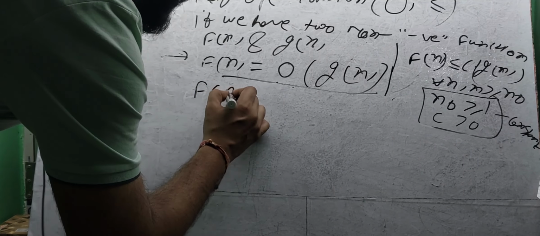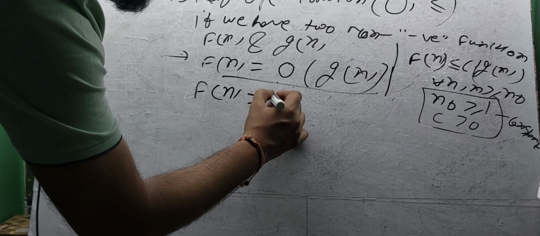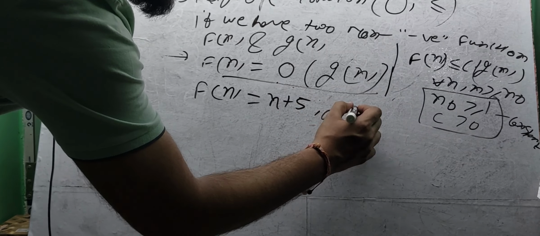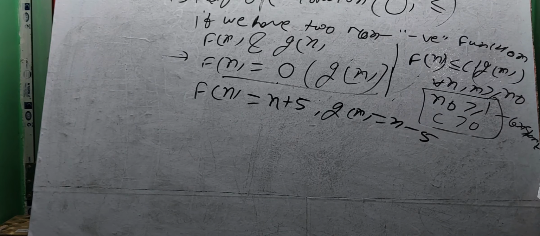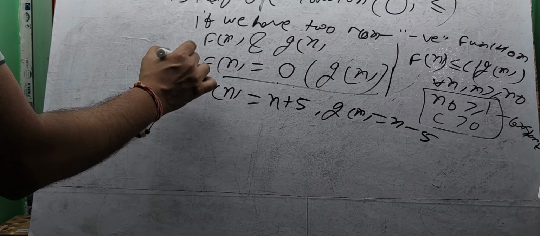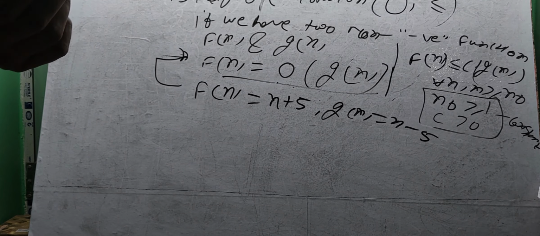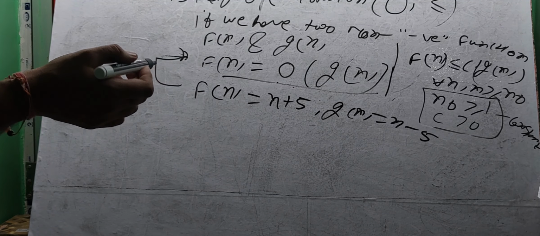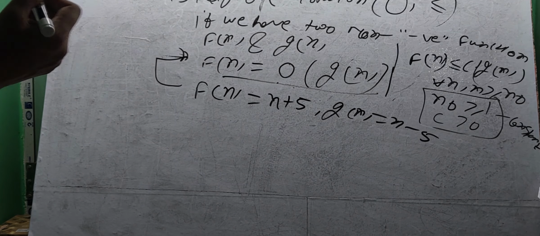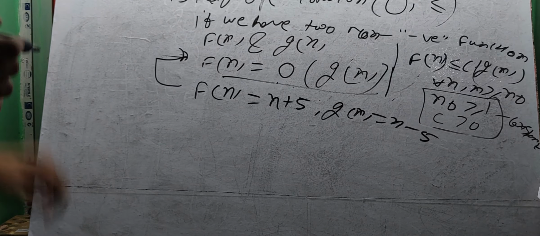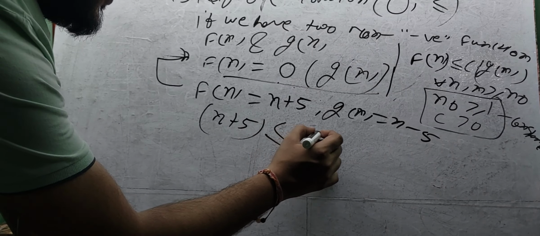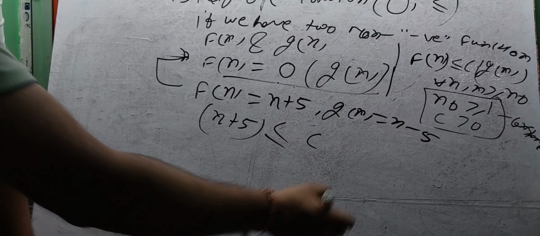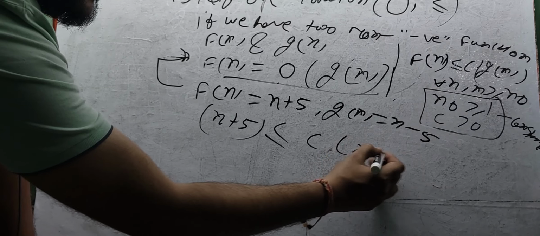If f of n equal to n plus 5 and g of n equal to n minus 5, and we want to write f of n is big O of g of n, then we need to find some c and also n naught. Let's take n plus 5 greater than or equal to some constant c times n minus 5.